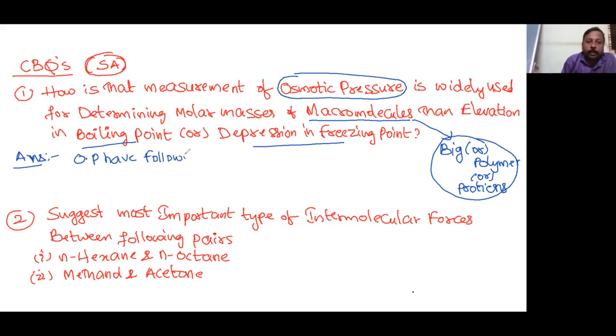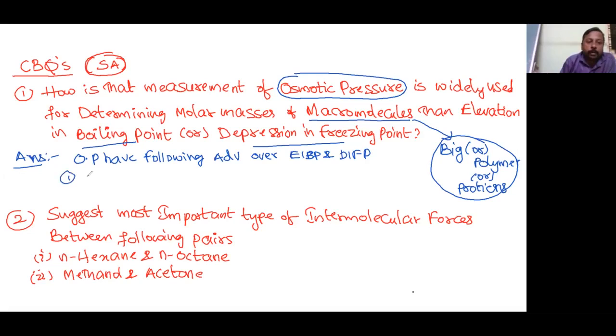When you write in points, in crystal clear words, then they will be impressed. Osmotic pressure has the following advantages over elevation in boiling point and depression in freezing point.